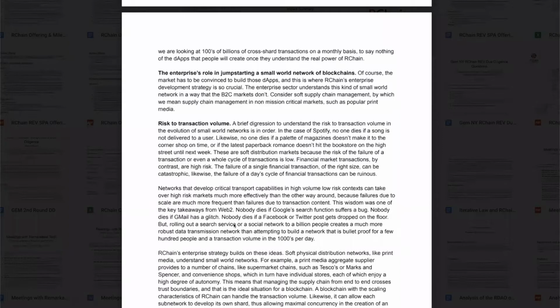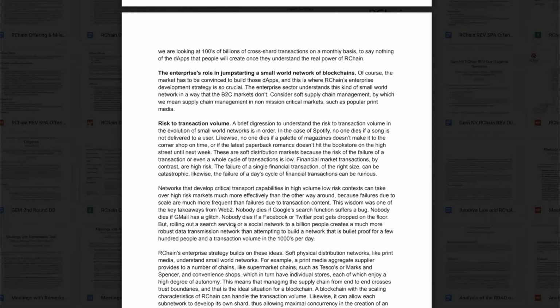Similarly, at the level of supply chain management in human networks, what we're talking about is the difference between, for example, the financial markets, where the failure of a single large dollar ticket transaction can be catastrophic, or the failure of a day's cycle of smaller transactions can be ruinous, right?